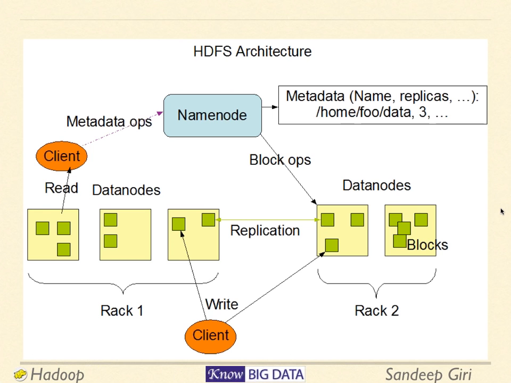The only problem is that they want a singular name node to have very strong consistency. In case you have multiple highly available name nodes, which means multiple name nodes catering to your requests, there is a huge possibility of inconsistent data.